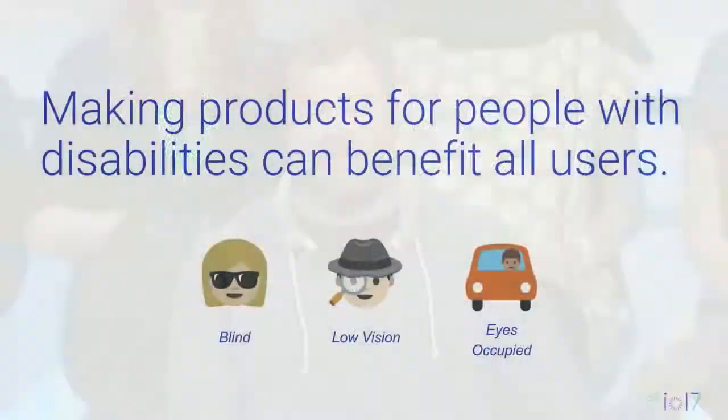The second, as I mentioned, is that designing for accessibility really benefits all users. And let me give you a couple examples. So first, think about designing a product that's meant for a blind or a low vision user. So when you're doing this, you actually help users that might just have their eyes occupied. So perhaps they're driving, they're looking at another screen, they're not looking directly at their Android device. Another example is designing for a user that might have a motor impairment. So an example would be a tremor. This is an impairment that affects their use of a touch screen.